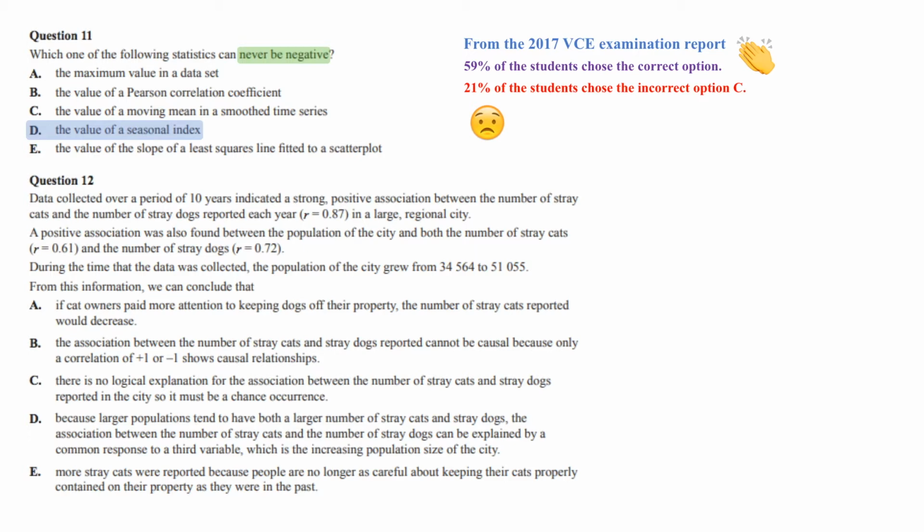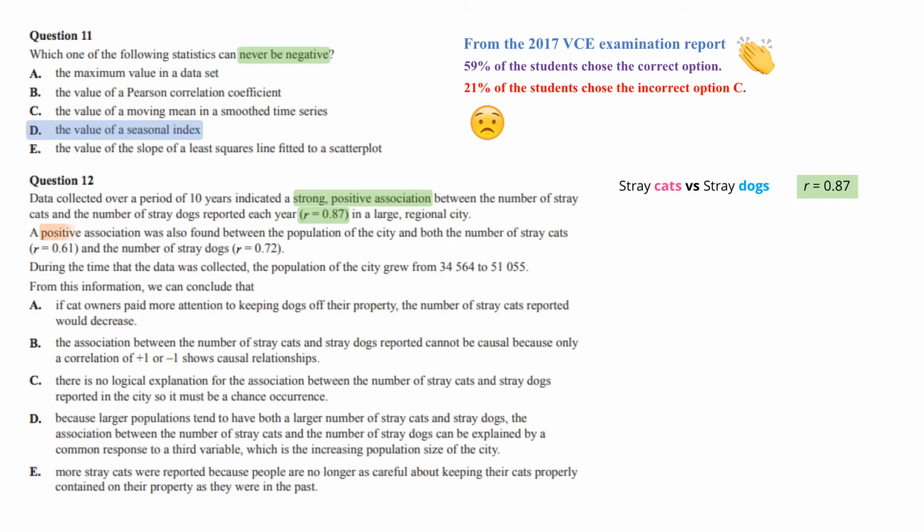In question 12, we are told that data collected over a period of 10 years indicated a strong positive association between the number of stray cats and the number of stray dogs reported each year in a large regional city, with a correlation coefficient R equals 0.87.